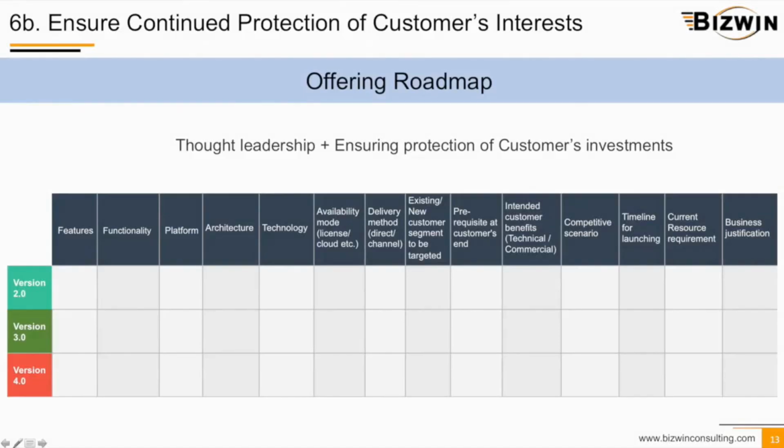Now that's very important. So if you are building value into your product or a solution or a service, you must think 2 years or 3 years ahead and start planning how this product would look like as version 2, version 3 or version 4 down the years. And when you are in a selling situation with your customer, please share that roadmap.